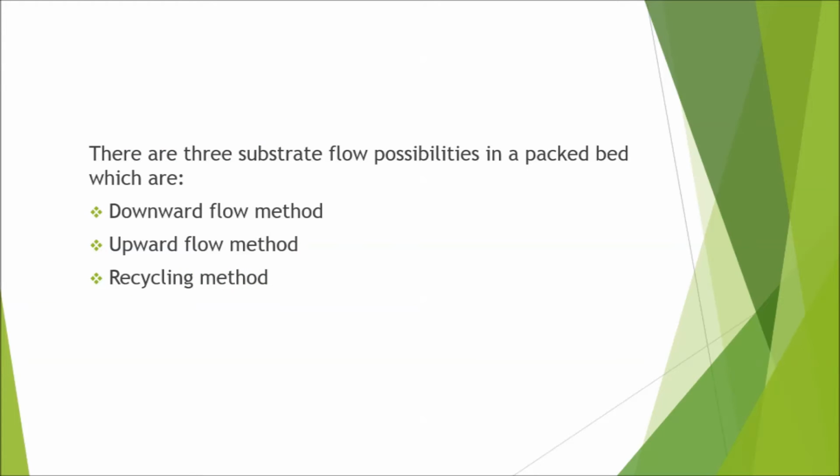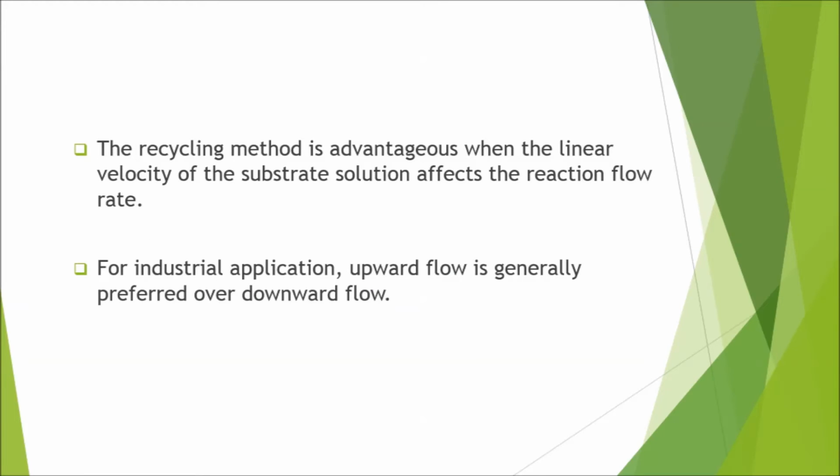Basically, there are three substrate flow possibilities in a packed bed, which are the downward flow method, the upward flow method, and the recycling method. The recycling method is advantageous when the linear velocity of the substrate solution affects the reaction flow rate.